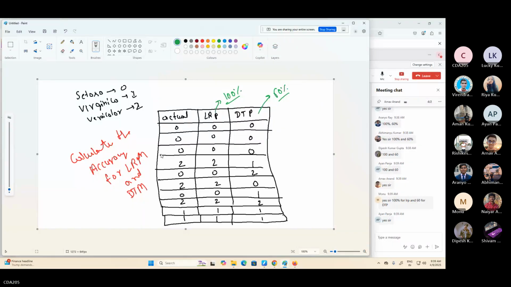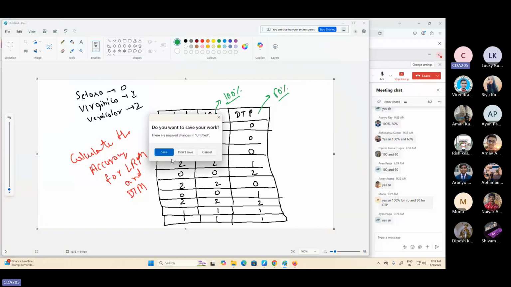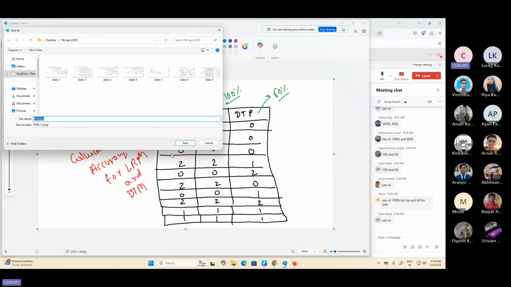Now, when we are talking about how good the accuracy is, slide 8.